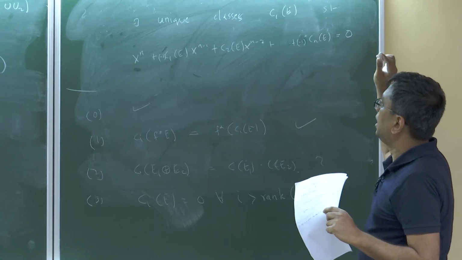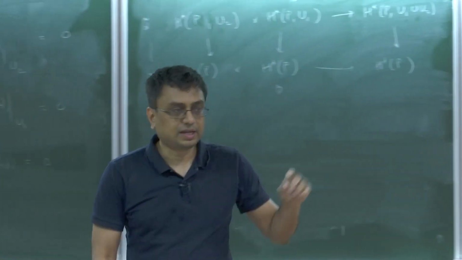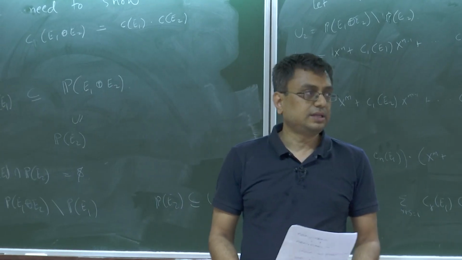The power of -1 has to be the index of the Chern class. Okay, so this is correct. Sorry, I missed this minus sign. So that is it.